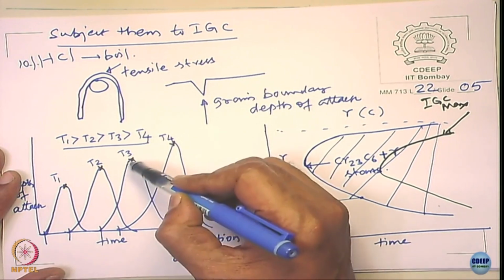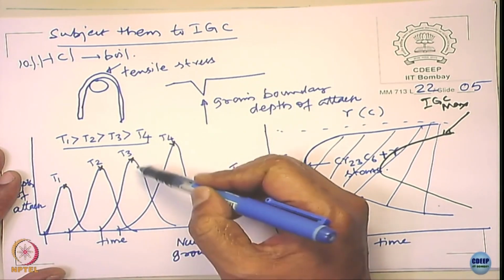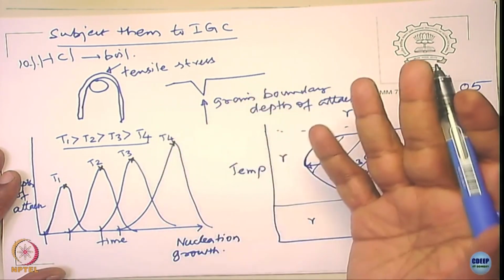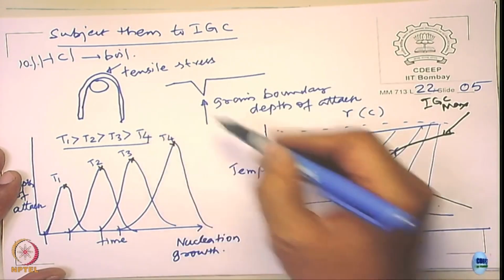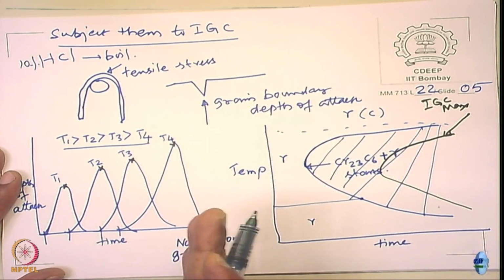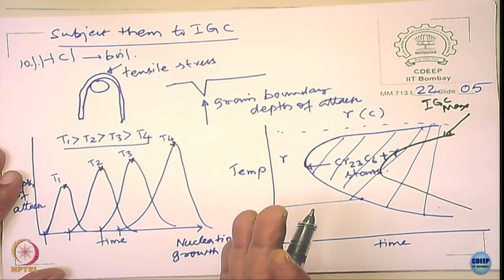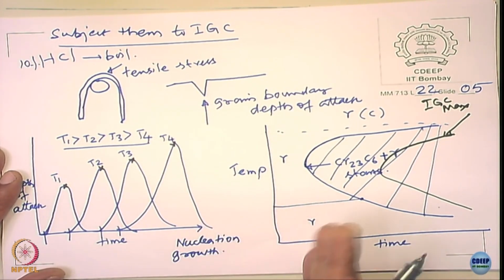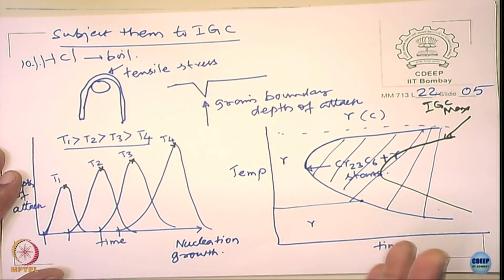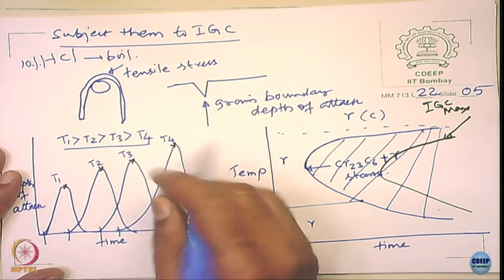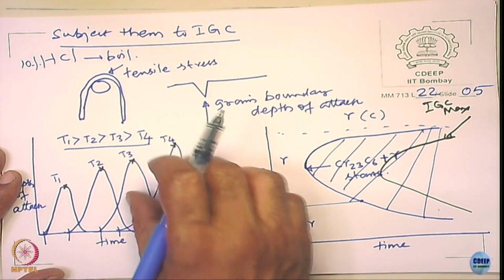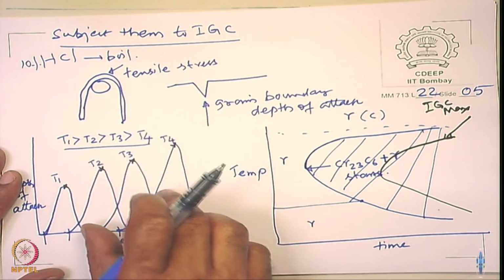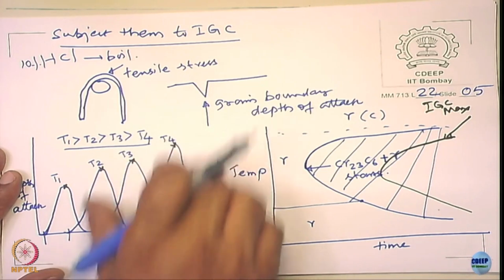This curve essentially means that I have enough chromium in the material, no problem, and over a time period the depleted regions become replenished, and so the grain boundaries become resistant to intergranular corrosion, which of course is not possible in real life situations, we will see later. Theoretically yes, but practically they are not useful at all actually.